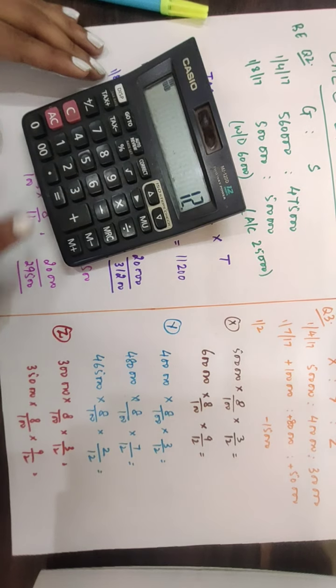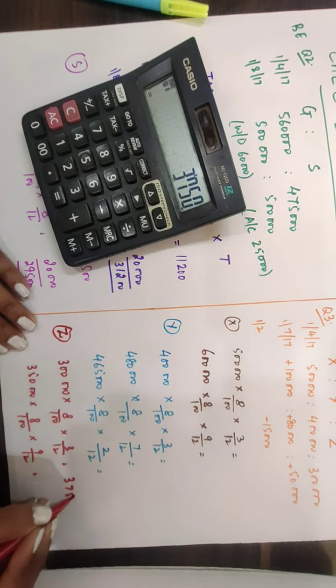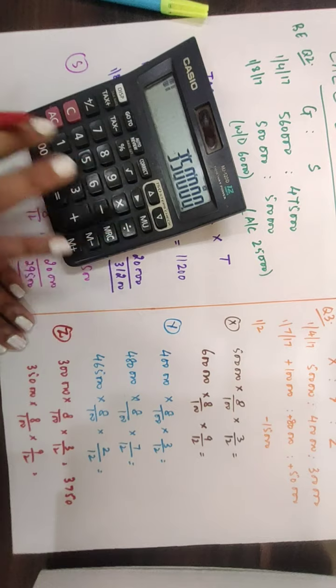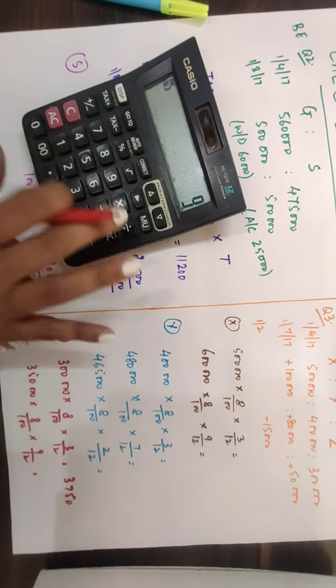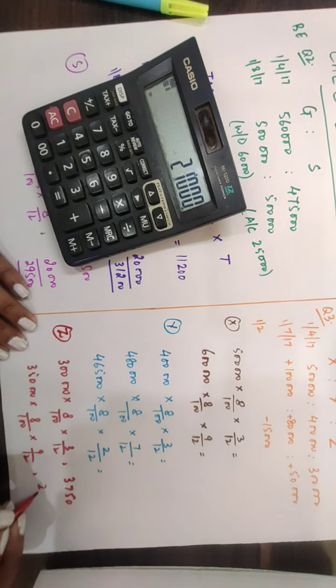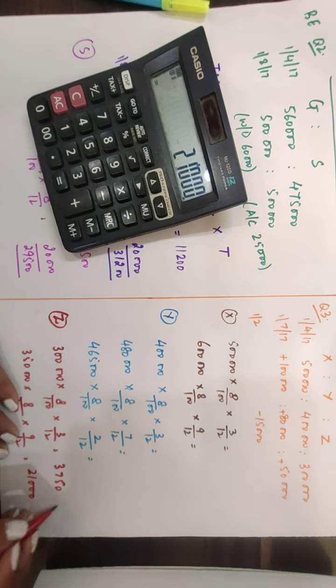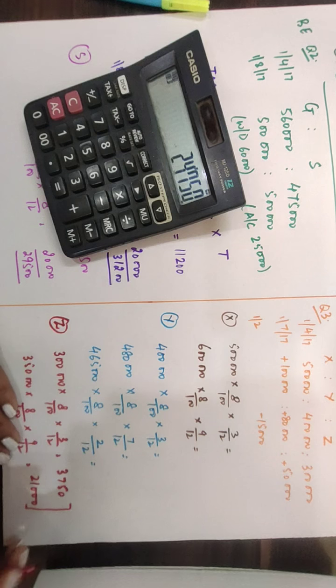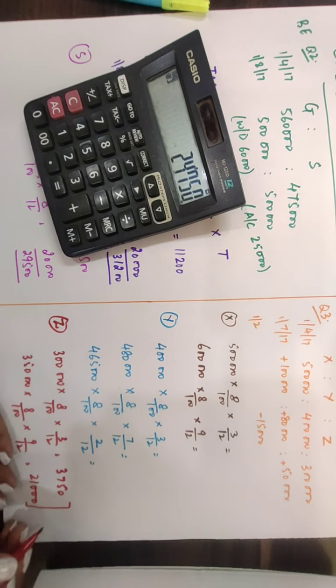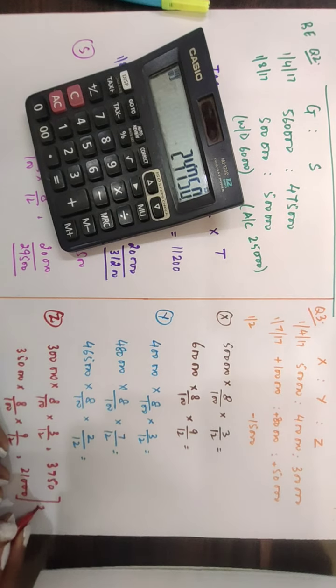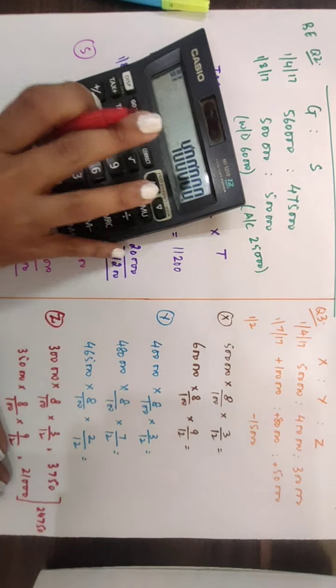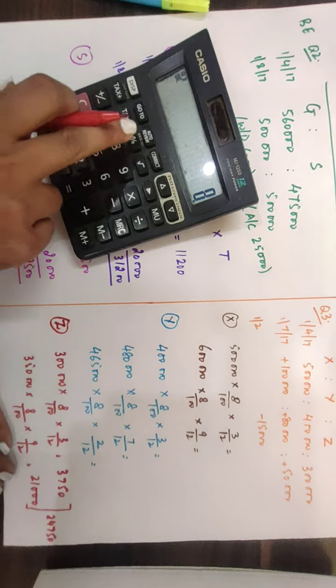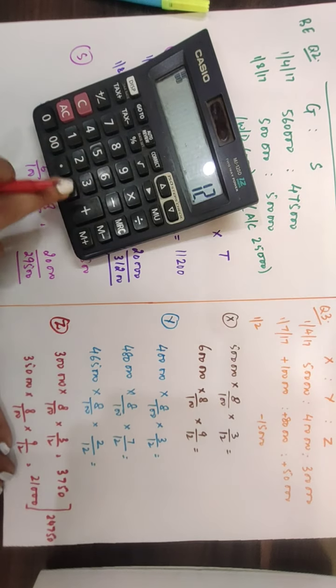3 lakh into 8% into 3 upon 12 gives me 3,750, and 3,50,000 into 8% into 9 upon 12 gives me 21,000. So clubbing this will give me 24,750. Now for the second person, that is Y, 4 lakh into 8% into 3 upon 12.